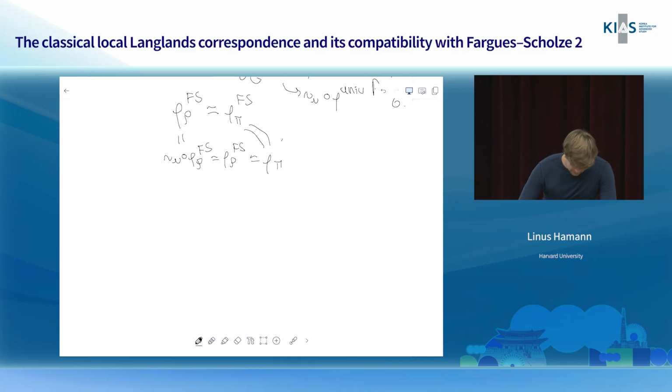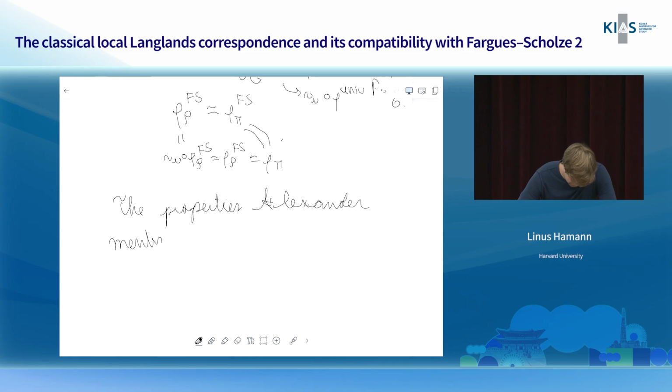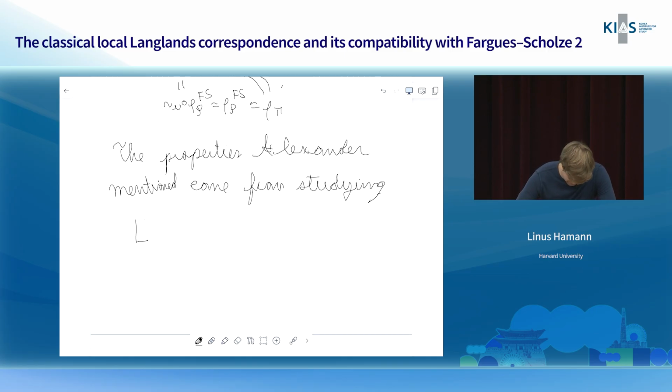The properties Alexander mentioned really come from studying global Langlands. So they come from studying the discrete spectrum of the following group.